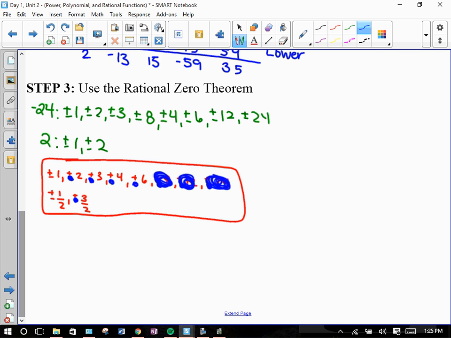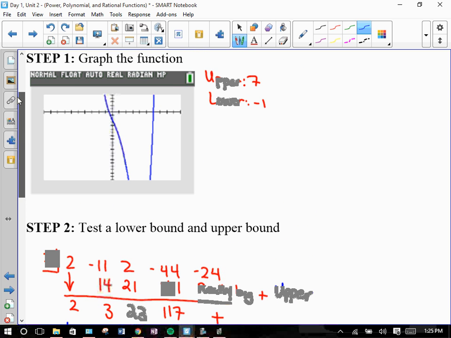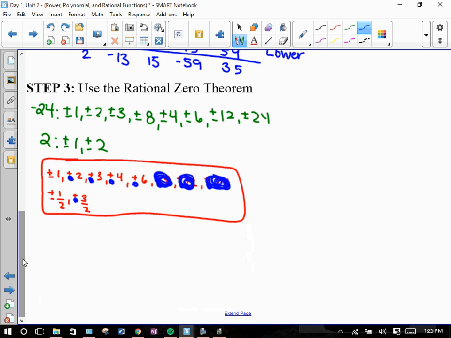Now, let's look at it. I like to start with 1, personally, but we also have the graph, so we're not going to start with 1. We're going to test 6.